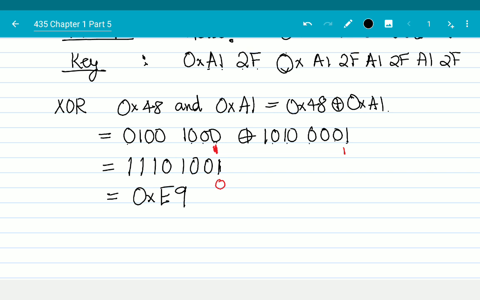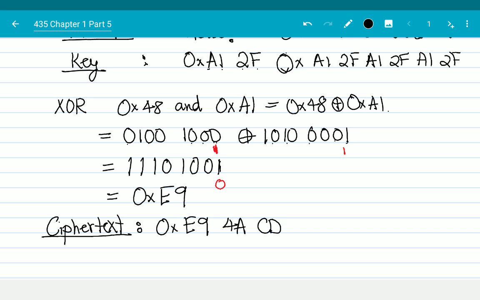Similarly, you do the entire process and you get the ciphertext as 0xE9 for H, CD for e, CE, 0E. That is my ciphertext. The decoding is going to be exactly the same.